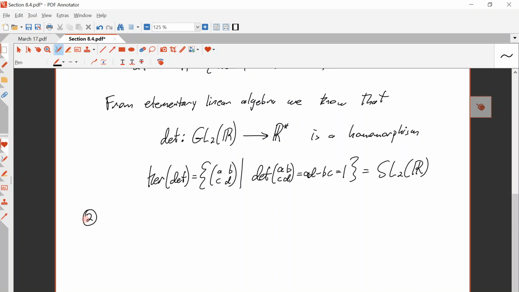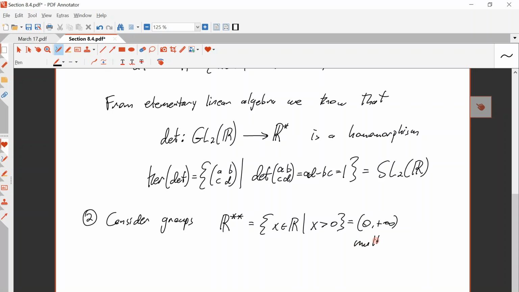Here's an example where the range is additive. So consider the groups R star star, the set of all x in R such that x is strictly bigger than 0, so the interval from 0 to plus infinity, and that's multiplicative.